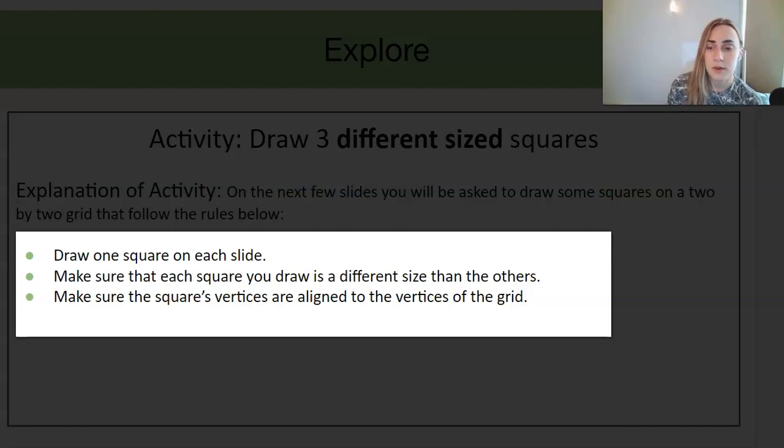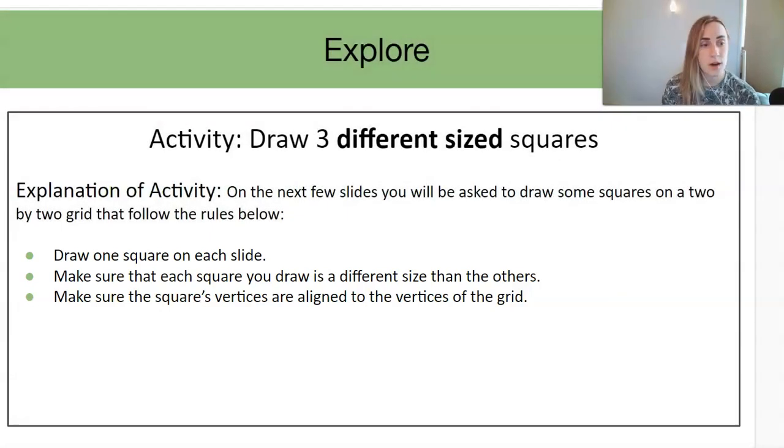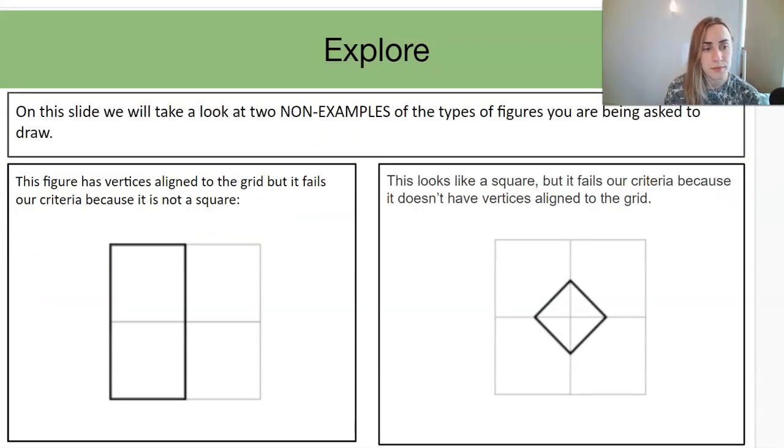The second rule is that we need to make sure that each square you draw is a different size than the others. That's our 3 differently sized squares. And finally, we have to make sure the square's vertices are aligned to the vertices of the grid. So let's move on to slide D and make sure we know what vertices are.